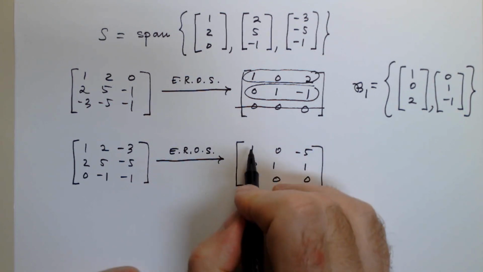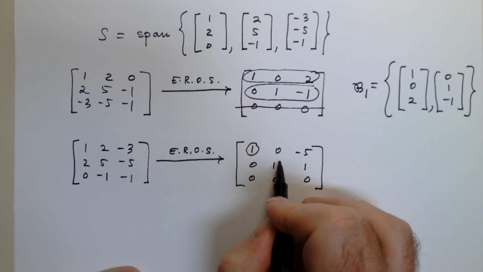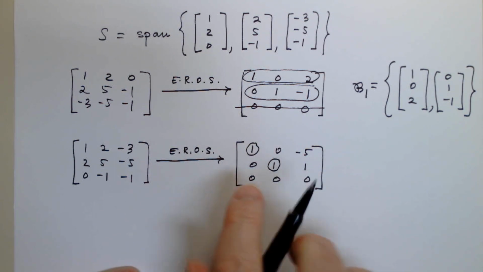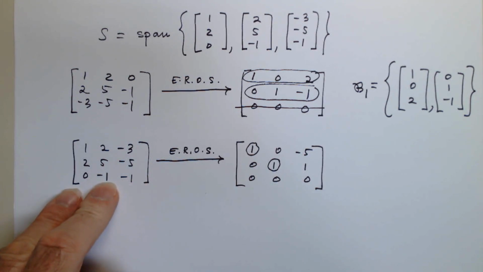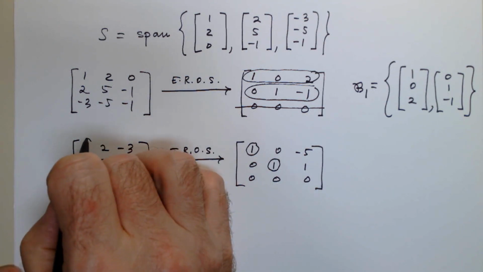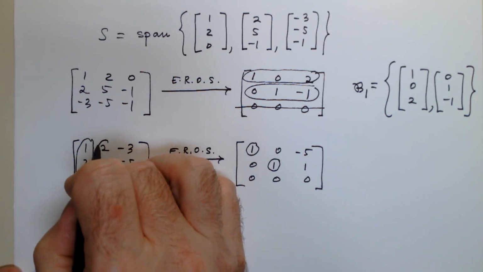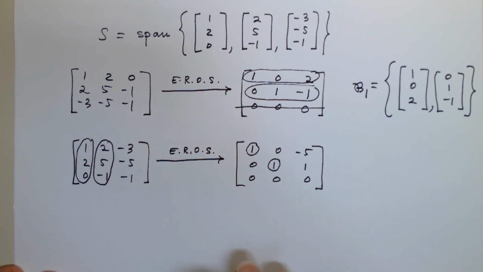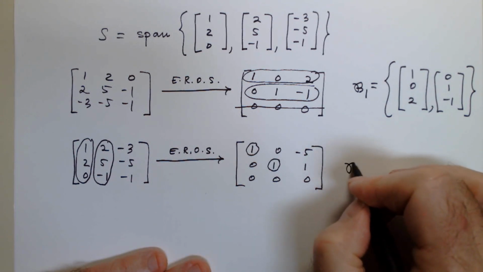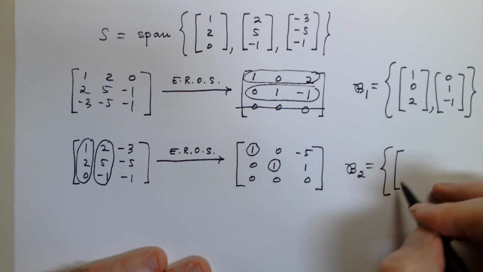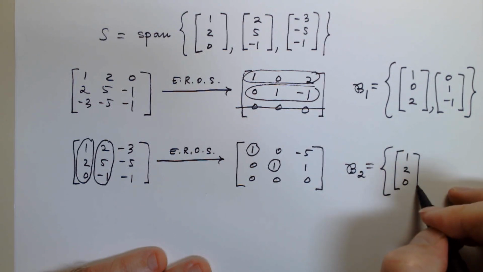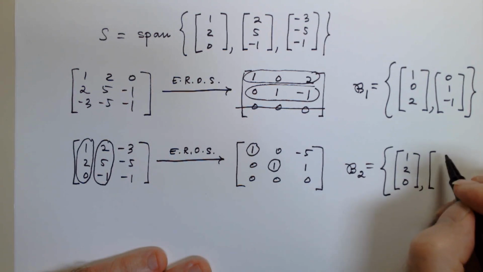What we are going to notice, though, is that there's a leading 1 in column 1, and there's a leading 1 in column 2 of the reduced row echelon form, and that will direct us to go to those very same columns in the original matrix and identify those as the basis vectors for our subspace S. So our second basis is going to consist of 1, 2, 0, and 2, 5, -1.